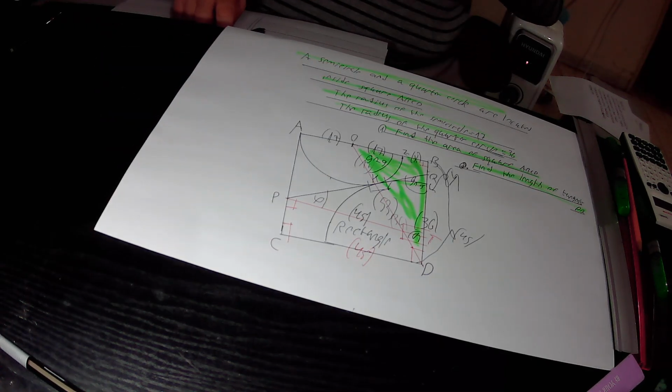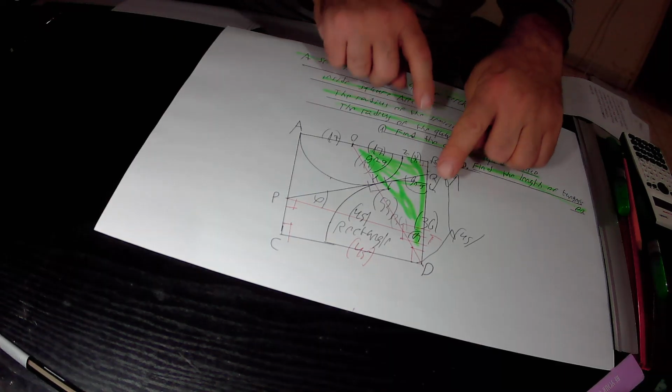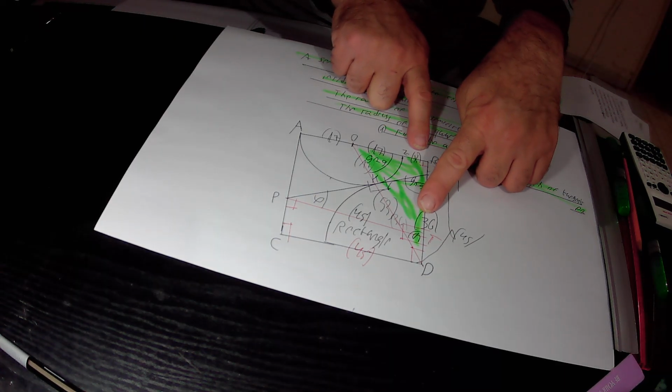And finally, those two angles are both equal to 90 degrees and therefore they are equal to each other.